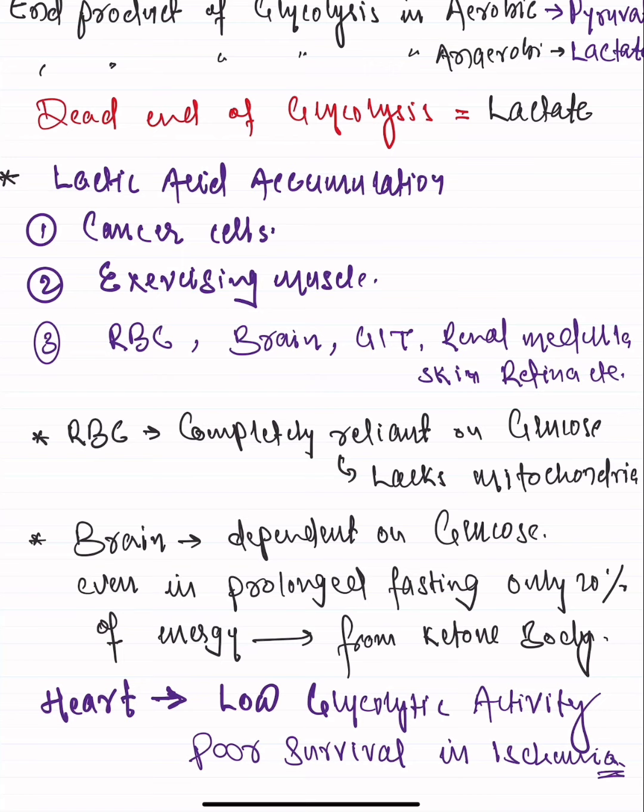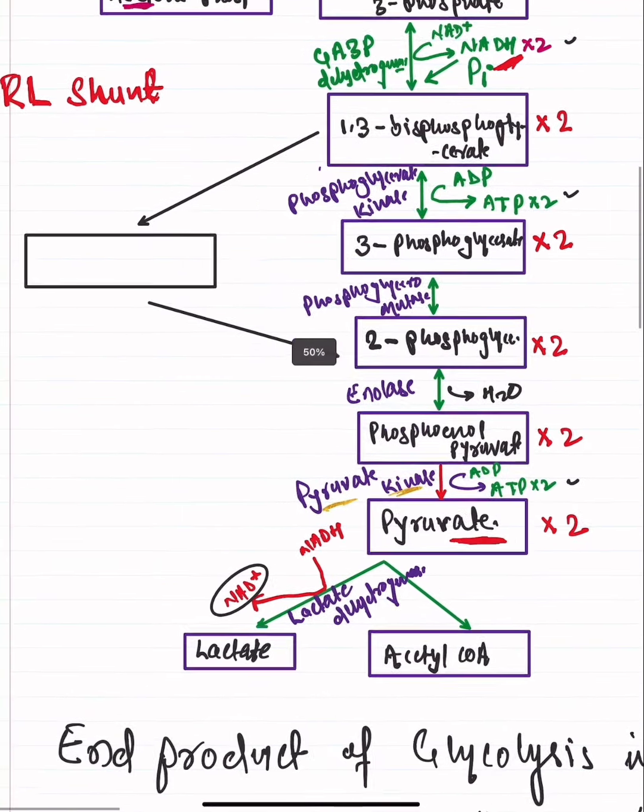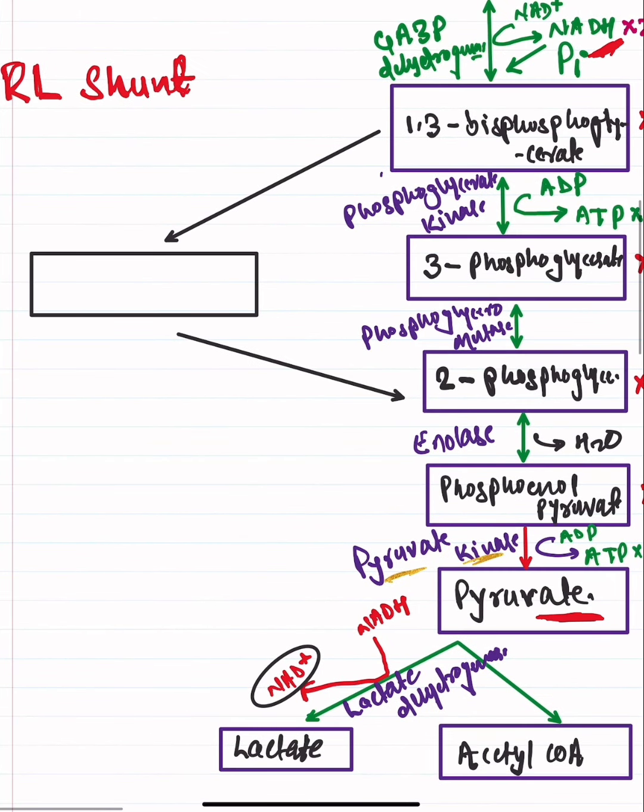And further, I would like to discuss a few points about the RBC. If you see here, I have written a point, that is RL shunt. What is this RL shunt? Actually, in the RBC, as you know, the function of the RBC is to carry oxygen, right? In the glycolysis, whatever glucose RBC consumes, 90% of glucose will go into the simple glycolysis, and there will be production of 2 ATP in each pathway, right?